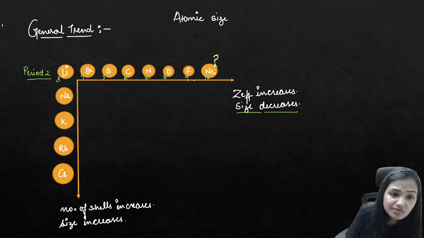As we move ahead, the number of protons increases. Here we have 3 protons, 3 electrons, then 4 protons, 5 protons.